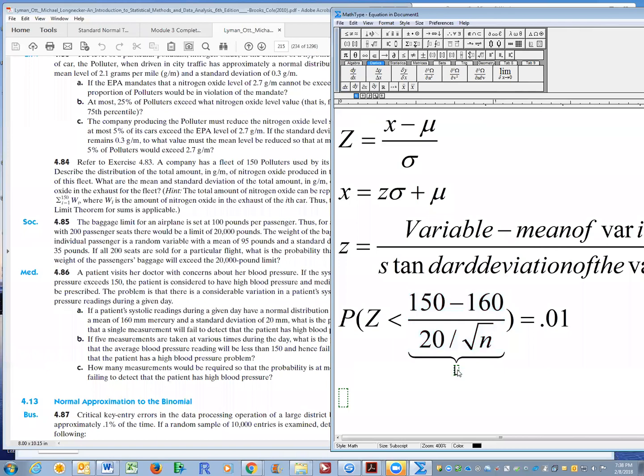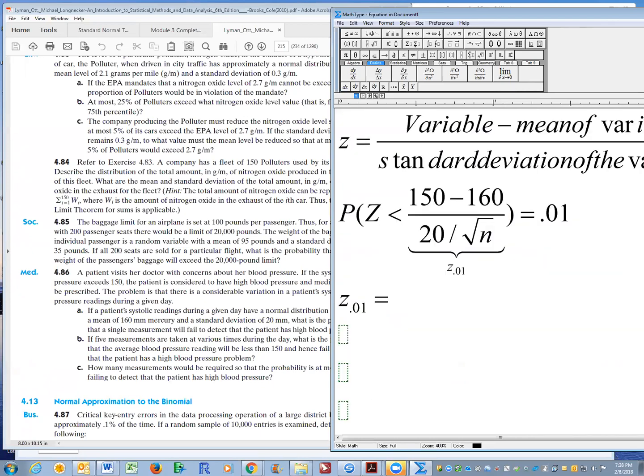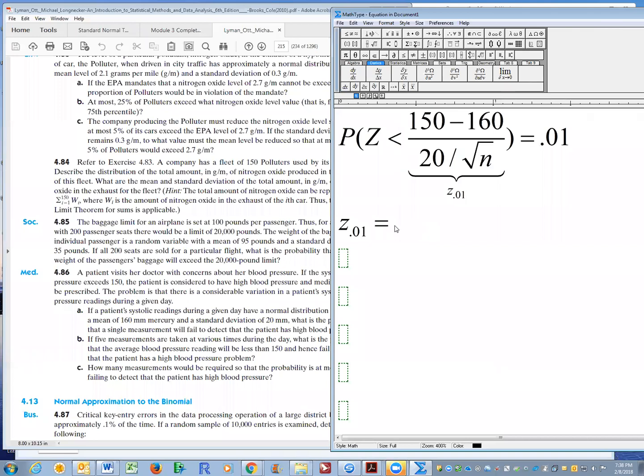This whole thing right here, do you buy that is Z subscript 0.01? Correct. Yes. Okay, good. So really, I need to figure out what is Z sub 0.01. Or I can write it this way: Z sub 0.01 equals this ratio here.